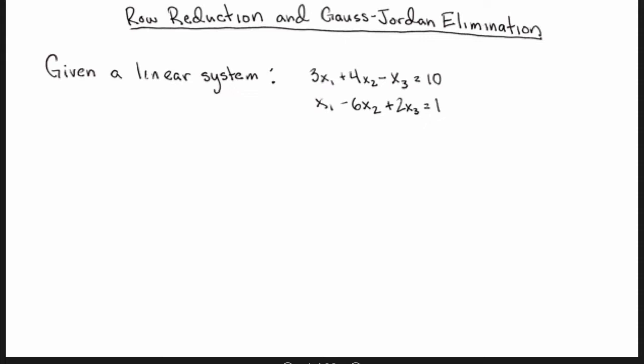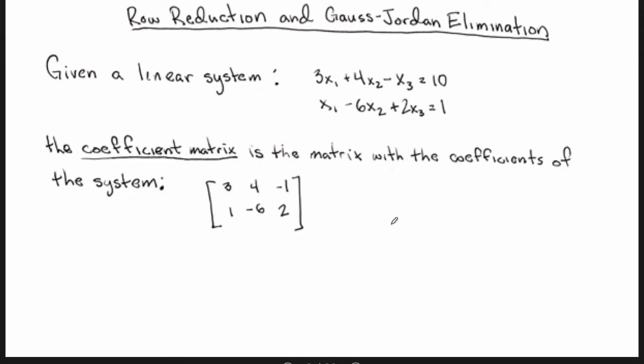So given a linear system, if we've got 3x1 plus 4x2 minus x3 equals 10, x1 minus 6x2 plus 2x3 equals 1, then the coefficient matrix is the matrix with the coefficients of the system. So 3, 1, 4, negative 6, negative 1, 2.